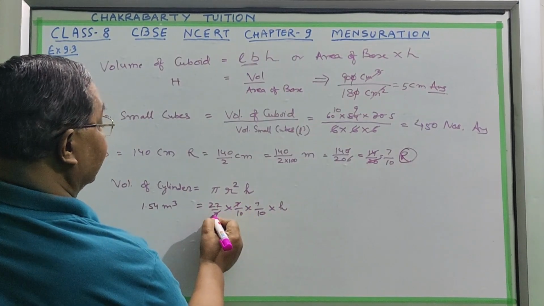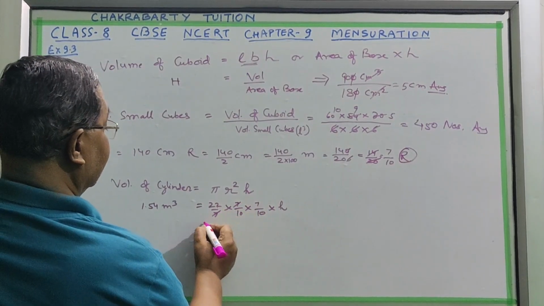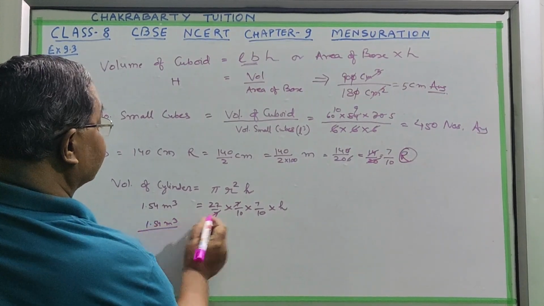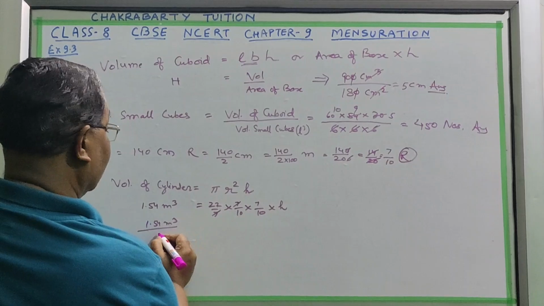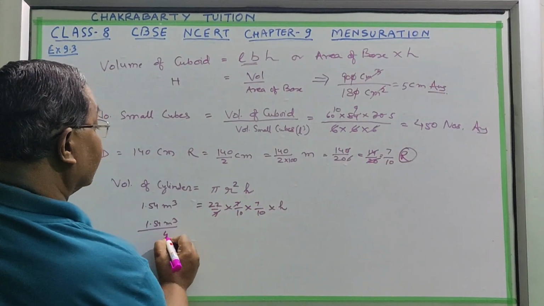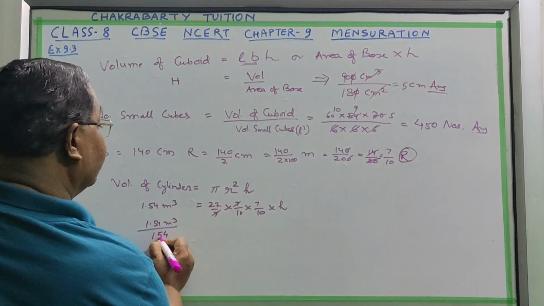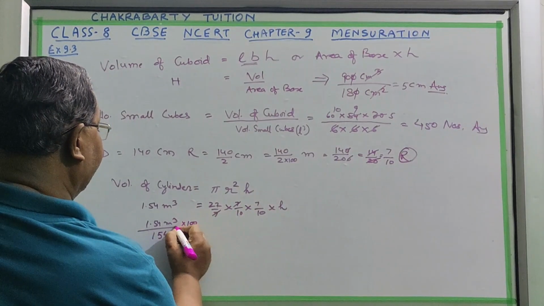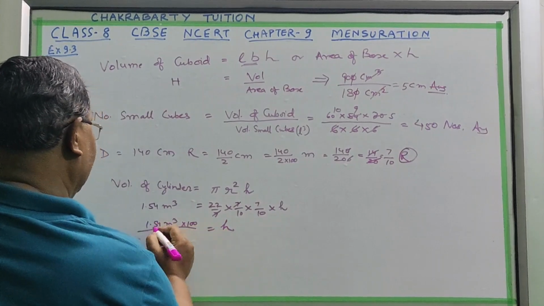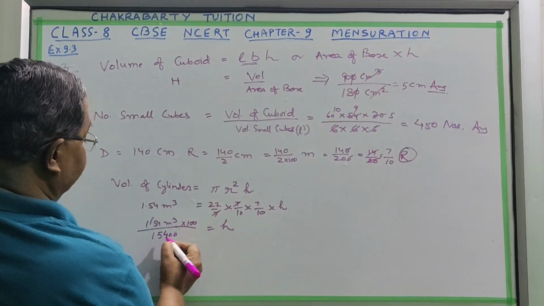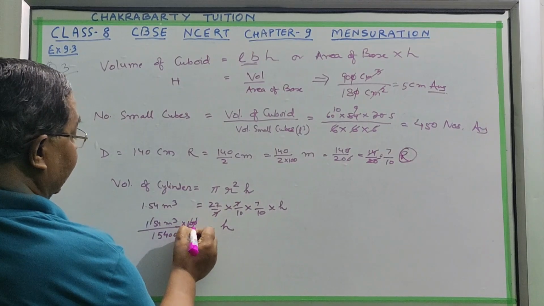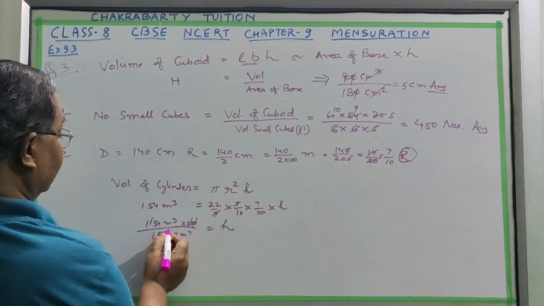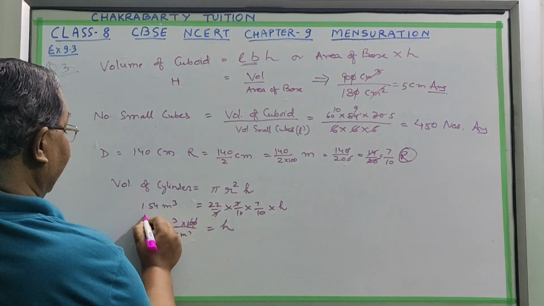So we can cancel this. 1.54 meter cube is divided by 22 by 7 into 100 over 100, equal to H. Cancelling, 154 by 154, 1 will remain.